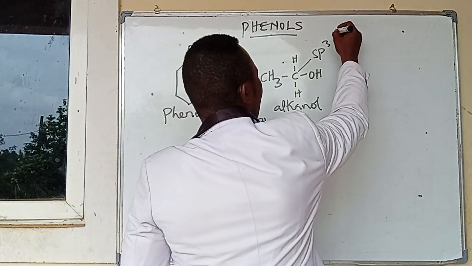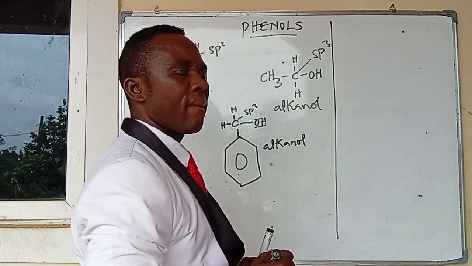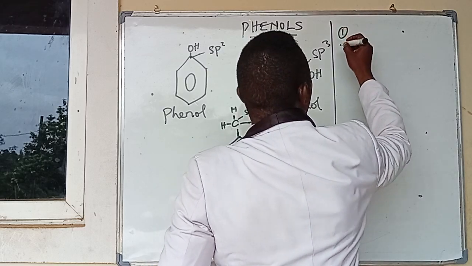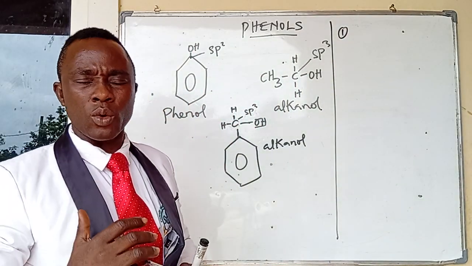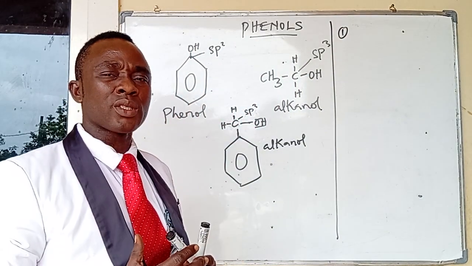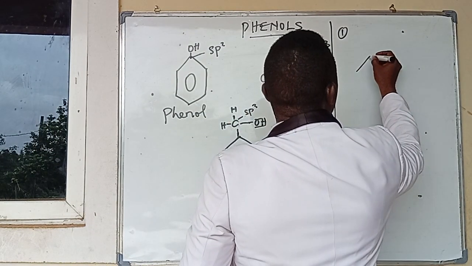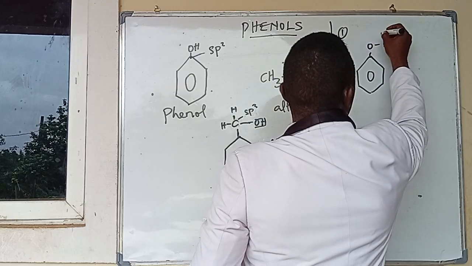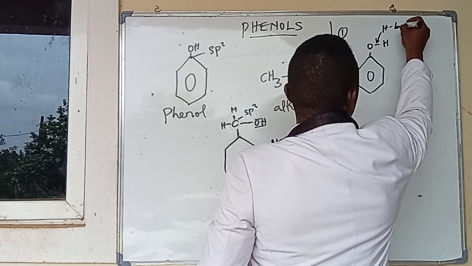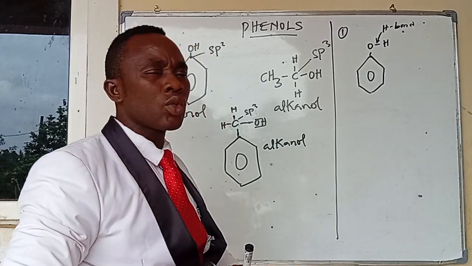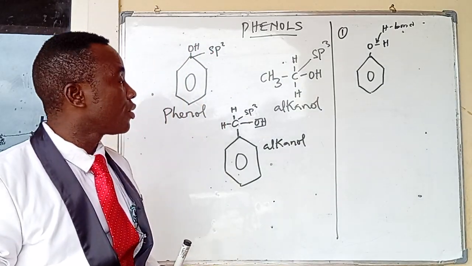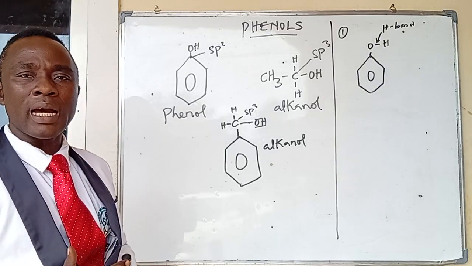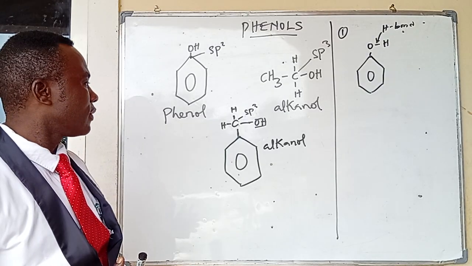What are the physical properties of phenol? One, phenol is slightly soluble in water. Why? Because it has a hydrogen bond. If you look at phenol, this is OH, and this is a hydrogen bond. Since it has a hydrogen bond, it should be soluble in water, although only slightly soluble, less soluble than alkanoic acid.